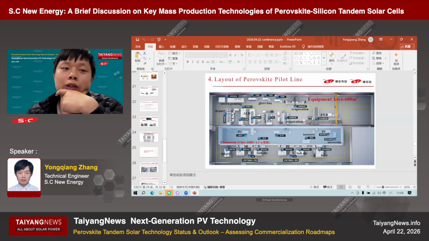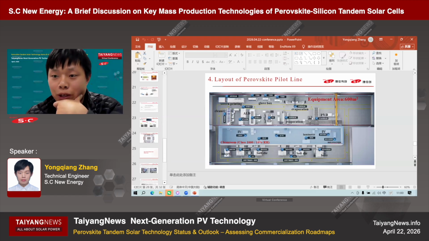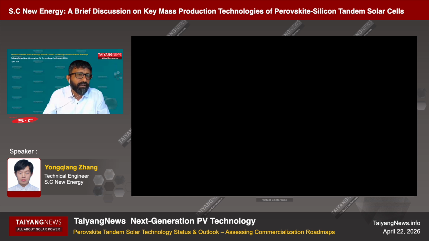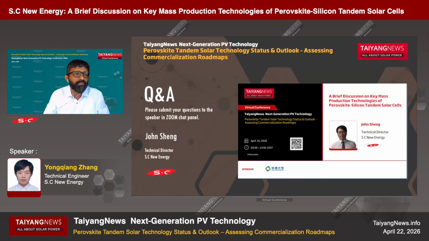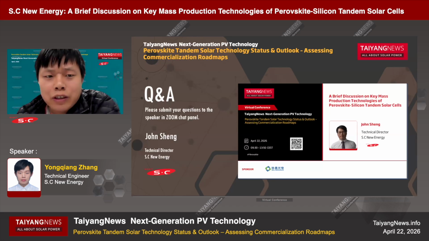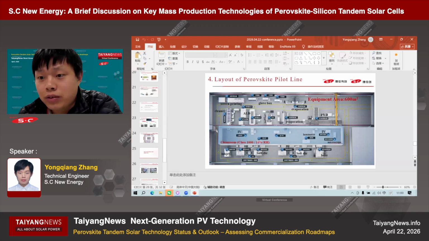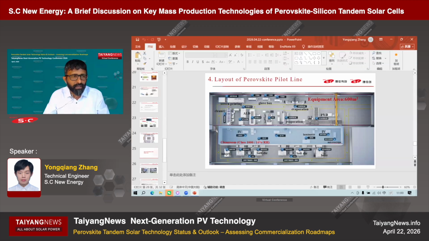Oh, you want to know the cost of the perovskite line? Yes, for example, let's say for 5 megawatt, how much would it cost in RMB? This pilot line is about 0.1 megawatt.